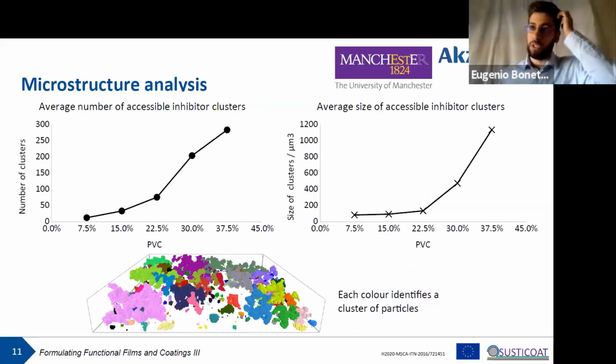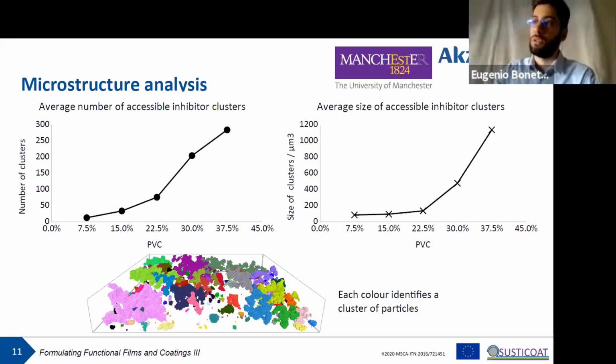Now some results. The model for the microstructure of the coating allows the characterization of the microstructure itself. For example, in this case, it is possible to measure the number of accessible clusters. I mean the clusters of inhibitor particles that are accessible from the top surface, so that are accessible from the external environment.